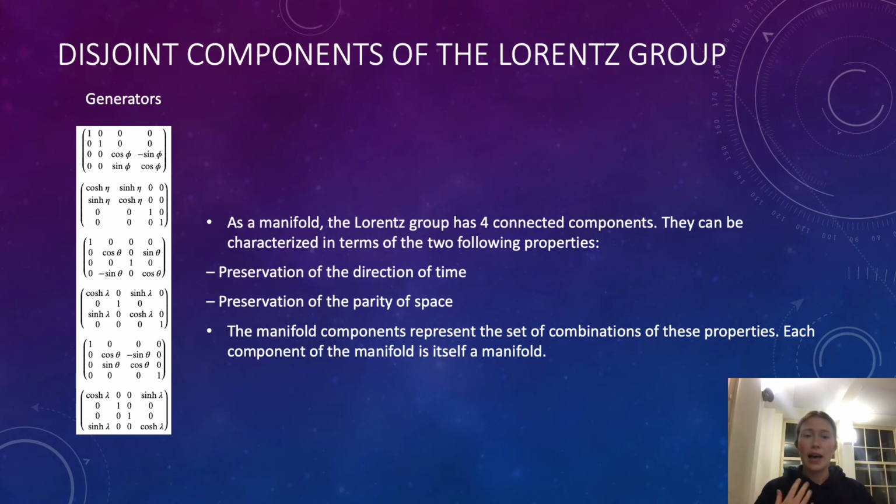You can think of this as, since they're just conserving the space-time interval, which has the squares in them, these transformations can also be ones where time or space, their parity or their sign, are flipped. So the manifold components, each of them is a different combination of these properties.